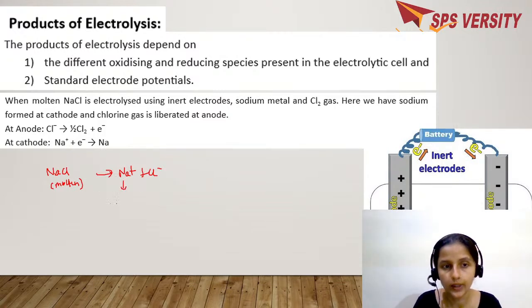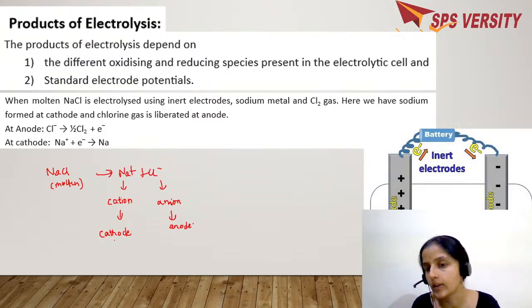So we know that Na+ is a cation, a positively charged ion, and Cl- is an anion. Now, the cation being positively charged goes to the cathode and the anion goes to the anode. At the cathode, reduction occurs, and at the anode, oxidation occurs.